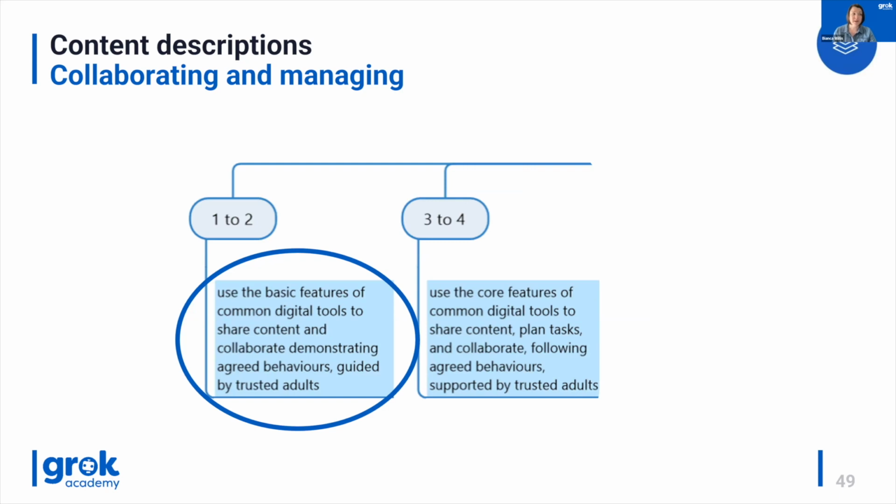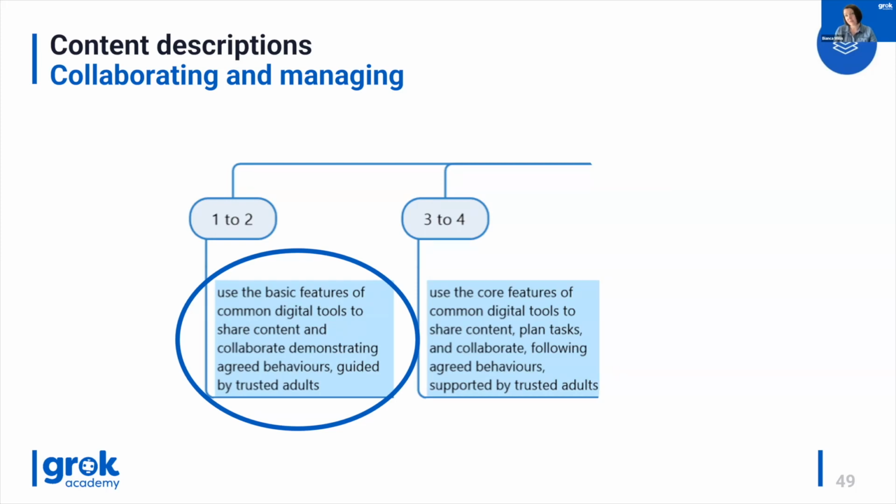Our students in Years 1 and 2 use the basic features of common digital tools to share content. The students are also collaborating with demonstrated agreed behaviours, and it's important again to remember, guided by trusted adults or you, the teaching staff. Common digital tools that our students in Years 1 and 2 could be using include Microsoft Word, PowerPoint, or Google Slides.